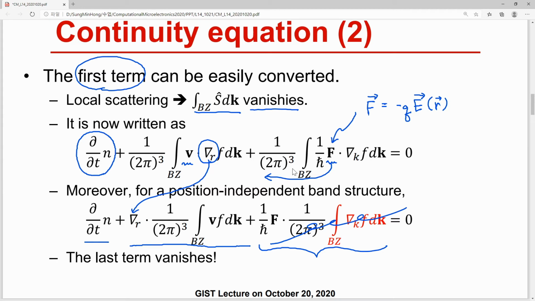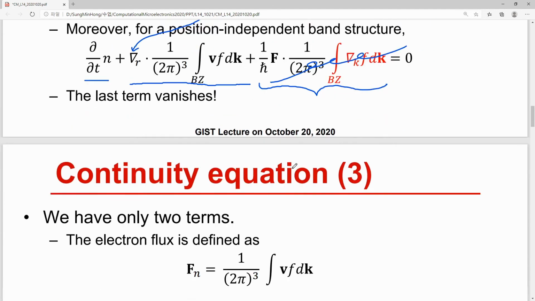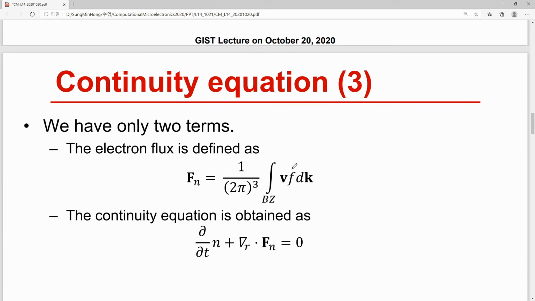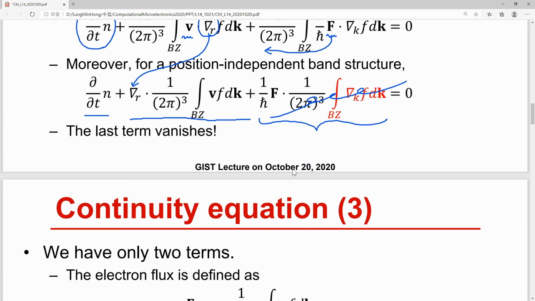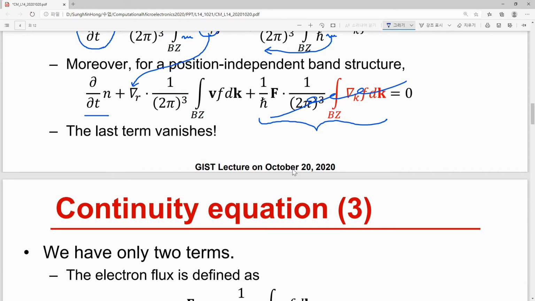surviving terms, and let's just summarize them. Here we can easily identify the quantity of integration of velocity times distribution function.